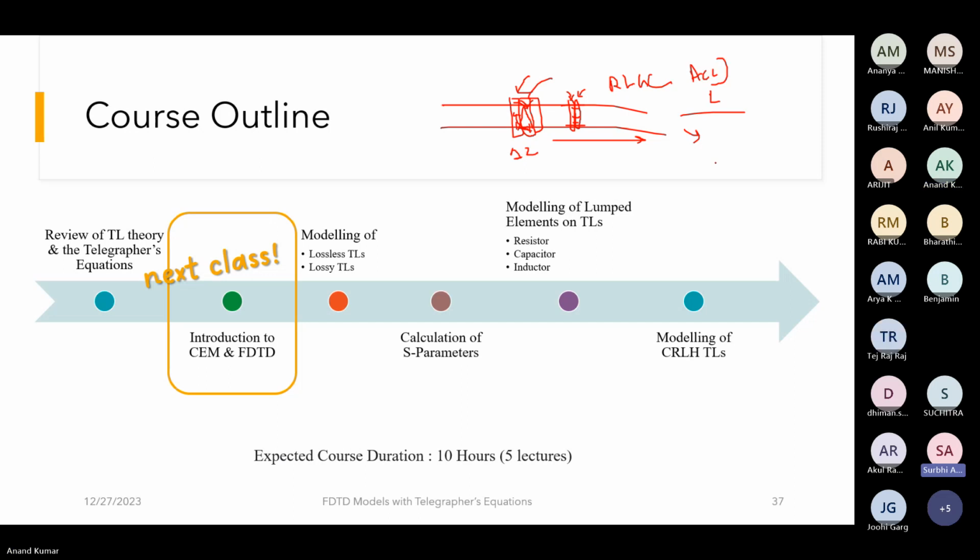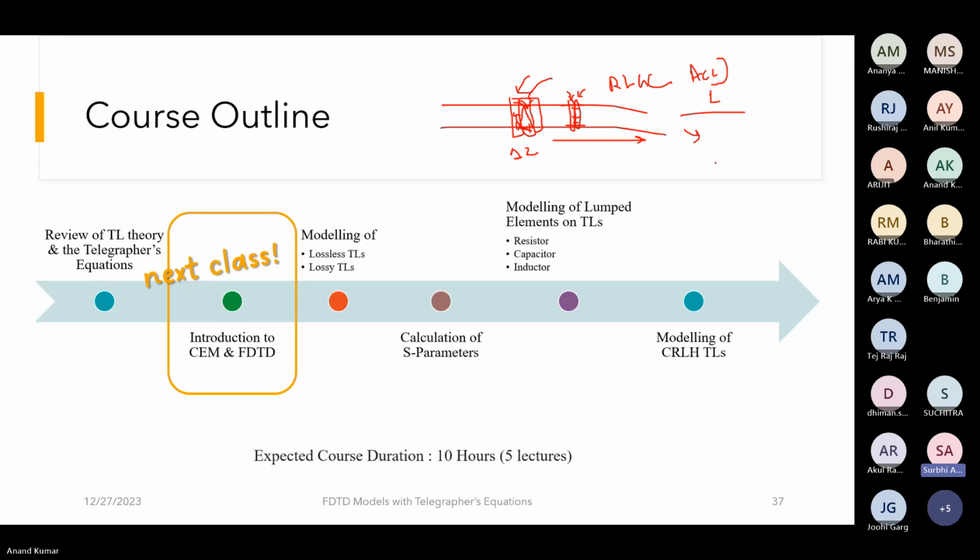If we want to model a transmission line printed on some substrate, and we know the length and width of the slot line, so it's a slot antenna kind of, made of transmission lines, and we are feeding at the center. I want to model the input impedance of these slot lines.